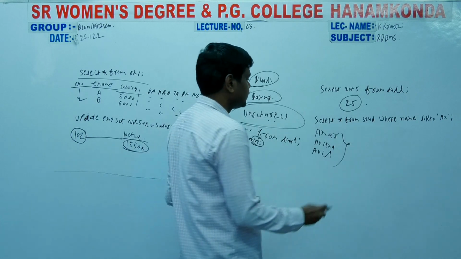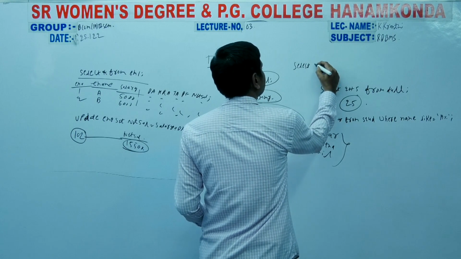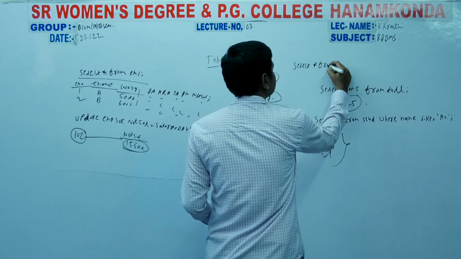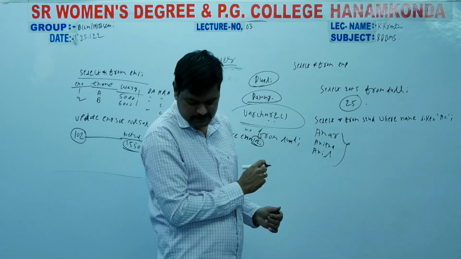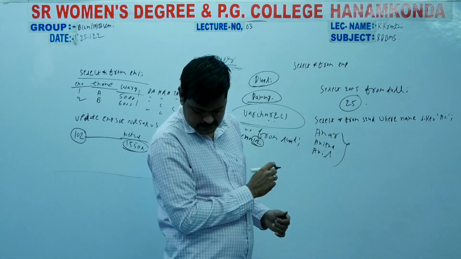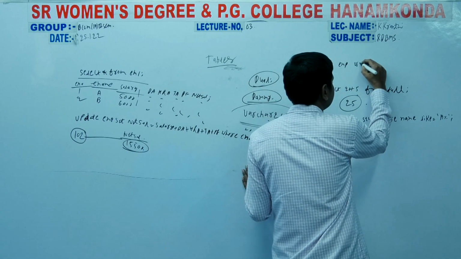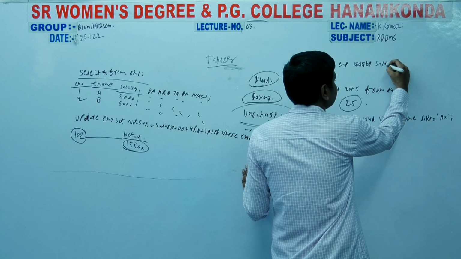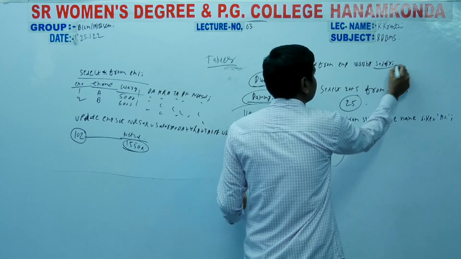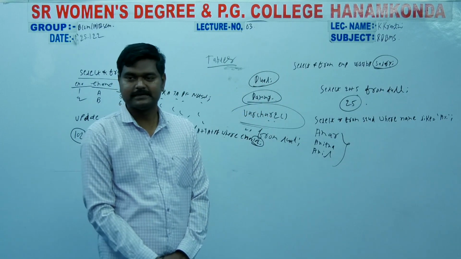Here, SELECT * FROM employee ORDER BY salary. The salary column will be arranged in ascending order.